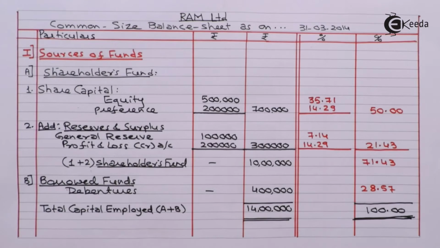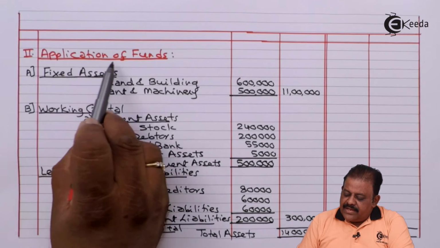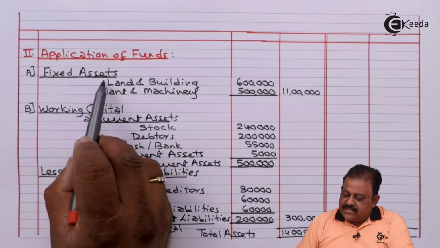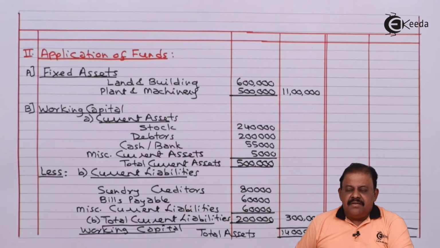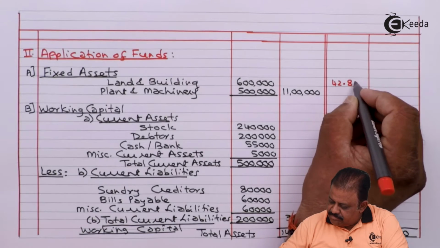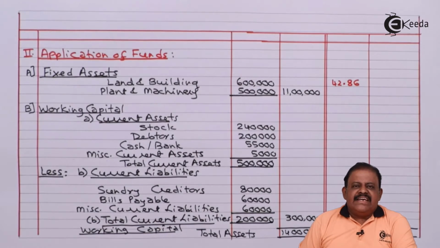Let us move to the second part. Application of funds, fixed assets, land and building 6 lakhs divided by 14 lakhs multiplied by 100, 42.86%.